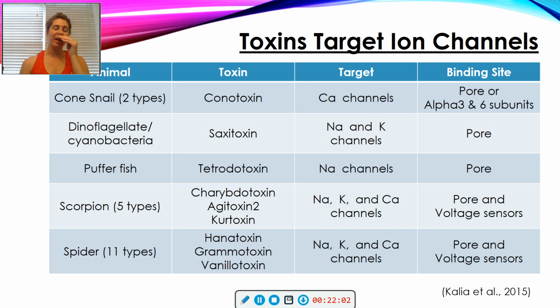So I'm going to break down some animals. You can see right here the specific toxin and what it actually affects as far as our channels go. There is something called a cone snail, and there are two different species of it, but they both release a type of conotoxin, and those affect our calcium channels. They prevent them from functioning. Over here where I have binding site, these toxins will target in some way these channels.